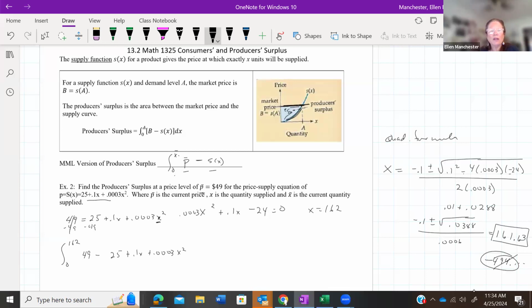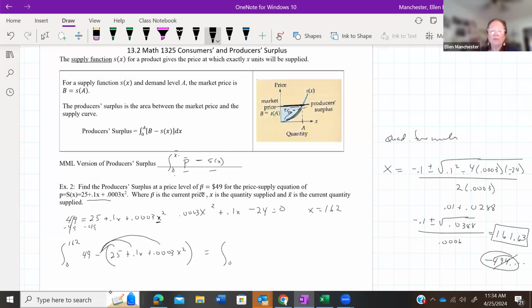This is just 49 minus 25. The minute I put parentheses, it's 49 minus this whole trinomial.